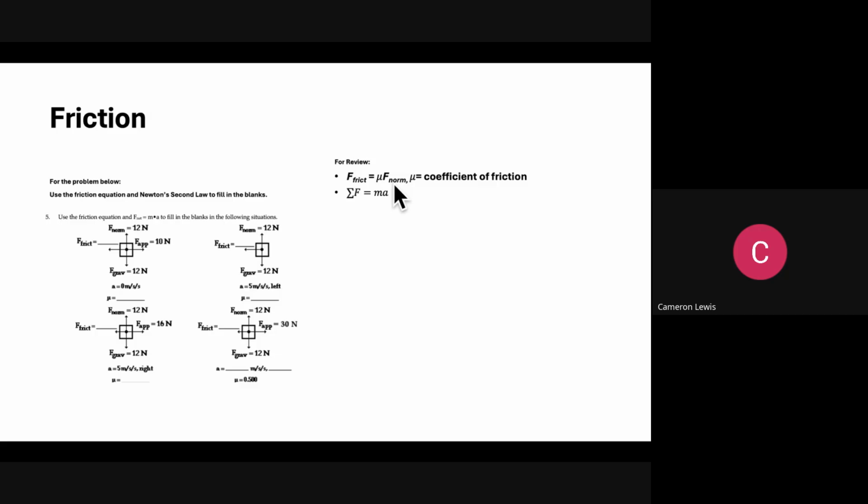It's also called acceleration. We can do the newtons divided by gravity, and we get 1.22. That's our mass.